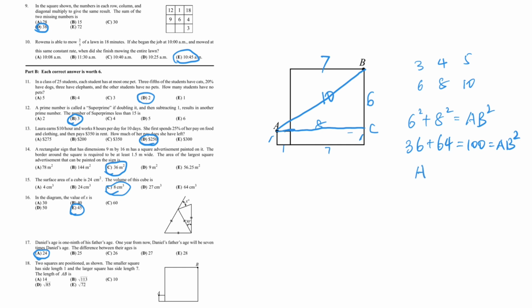Take the square root of both sides. AB equals 10. But the Pythagorean triple is very easy to use. 3, 4, 5. All the multiples of 3, 4, 5 are Pythagorean triples. Therefore, the answer of 18 is C.